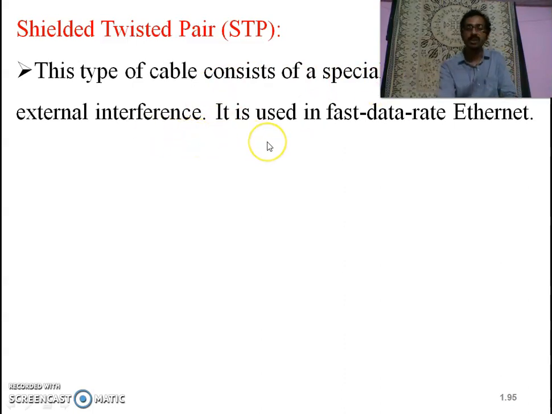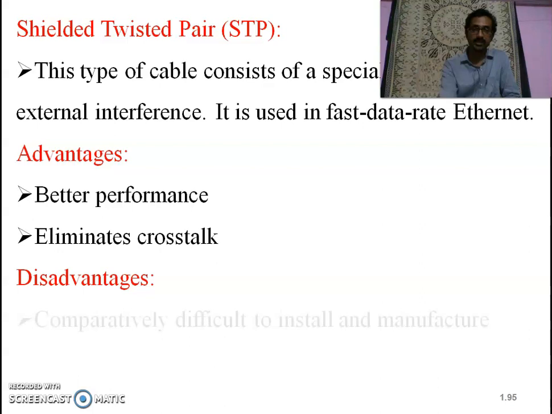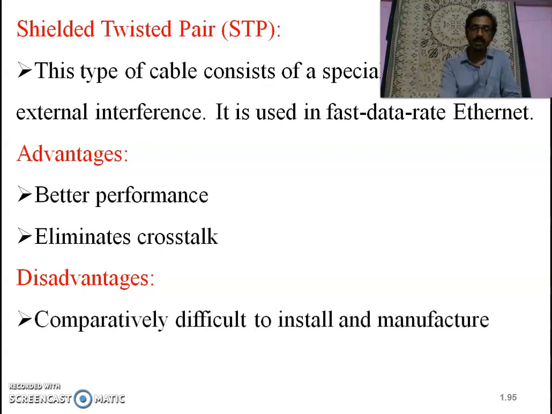So it is used in fast data rate ethernet. And next point, advantages. It has better performance compared to UTP, and eliminates crosstalk. And disadvantages: it is comparatively difficult to install and manufacture, so more expensive.